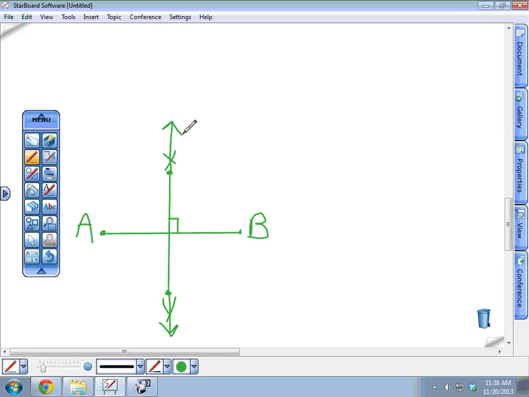But also, ray XY is a perpendicular bisector. Also, ray YX is a perpendicular bisector. Also, line segment XY is a perpendicular bisector. So a line, a ray, or a line segment which is perpendicular and bisects another given segment is a perpendicular bisector.